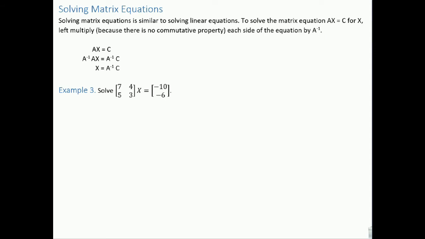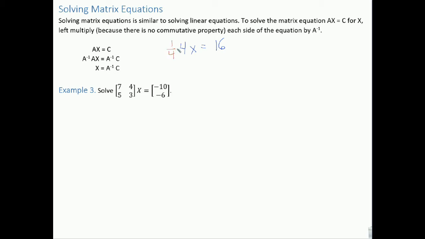Okay, here's where we're going to use inverse matrices to solve some matrix equations. And again, this is a lot like what we've done in just regular solving of linear equations. If we had 4x equals 16, we could multiply both sides by the inverse of 4, which is 1/4.